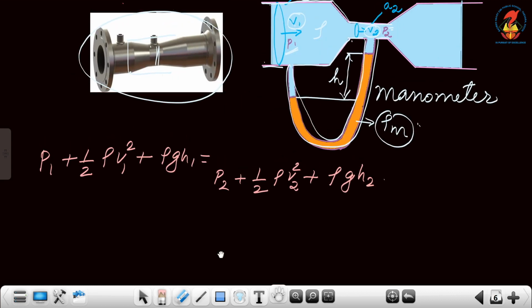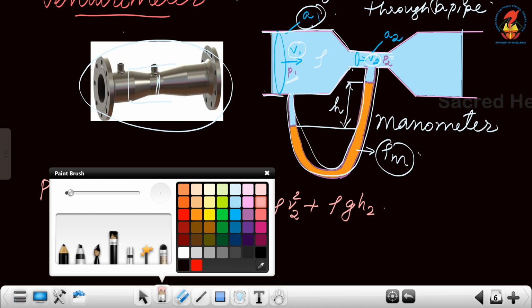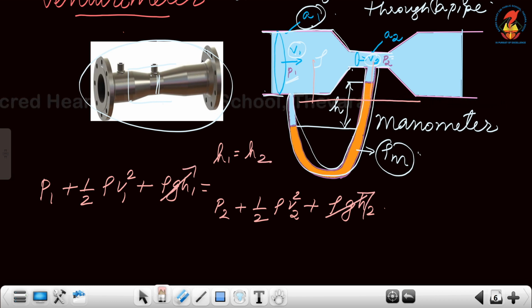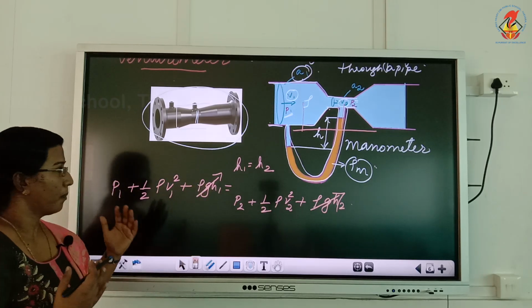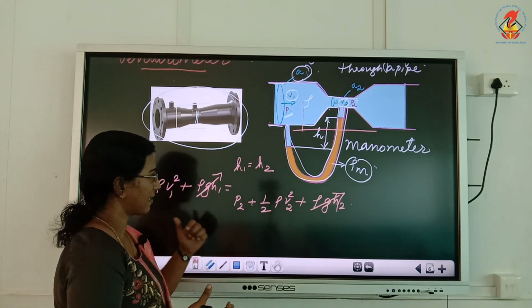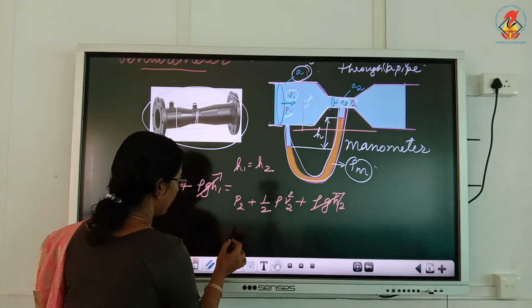If you look at this diagram, both points of observation are at the same height from the ground level, which means H1 is equal to H2. So this term can be neglected, because when we bring it to the other side, H1 and H2 are the same, the same fluid is flowing through both sections so density is the same, and the value of g is also constant.